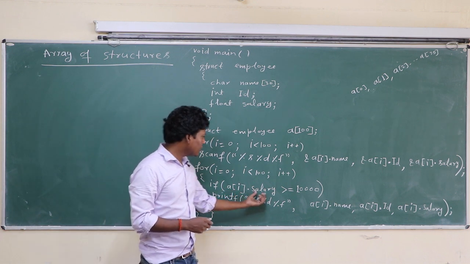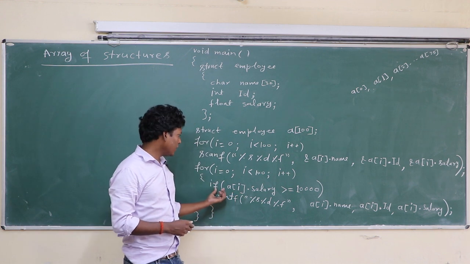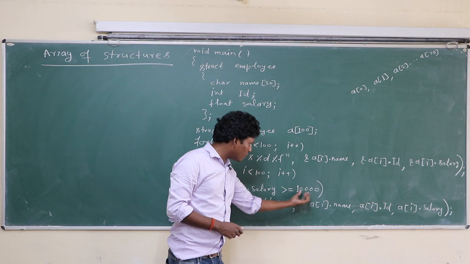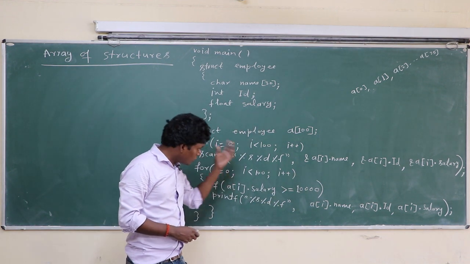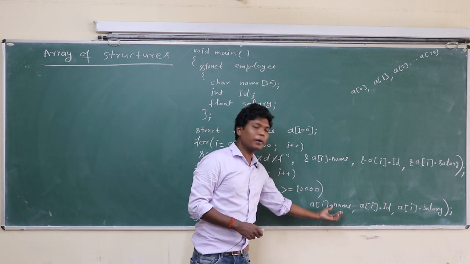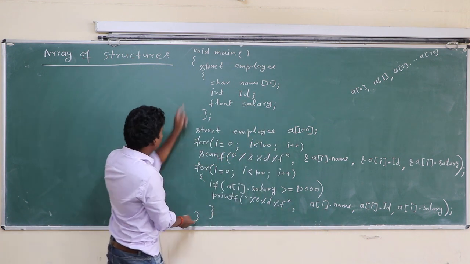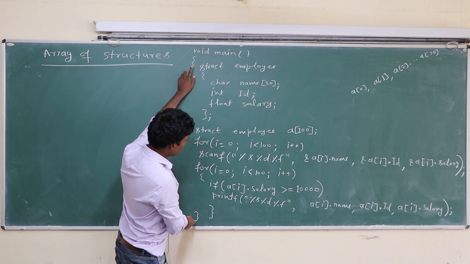So here is a check: if a of i dot salary is greater than or equal to 10,000, only those employees' details will be printed here. This for loop is closed here, and this main is closed here.